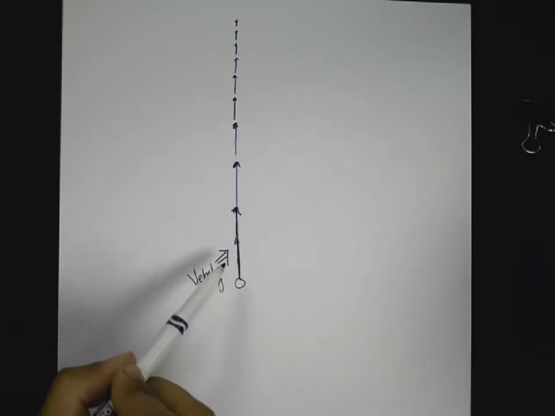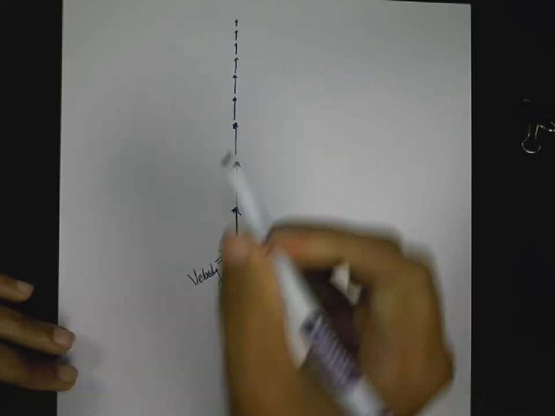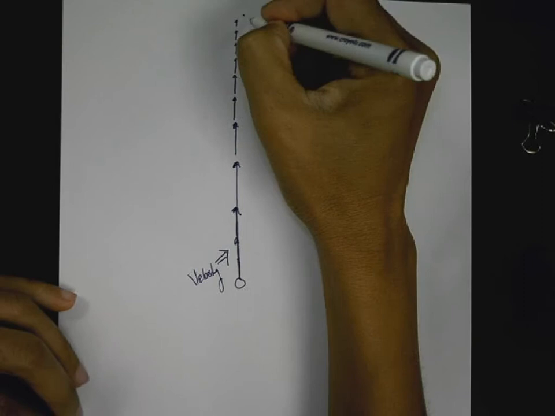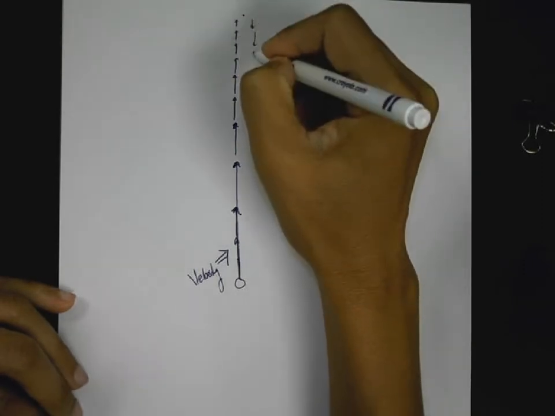And as the object gets higher and higher, these arrows get shorter and shorter. That indicates that the velocity is getting smaller and smaller until at that point there is no velocity. The ball momentarily passes through zero, meaning for a fraction of a second it stops. And then the direction turns around and it comes down.